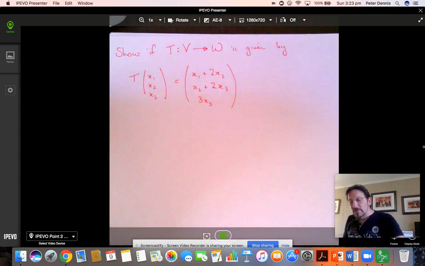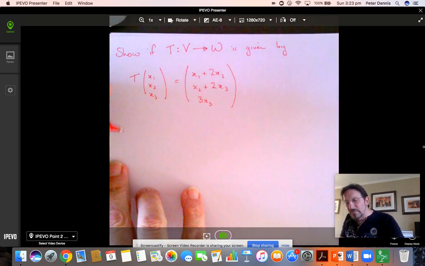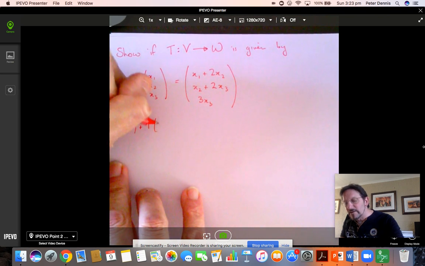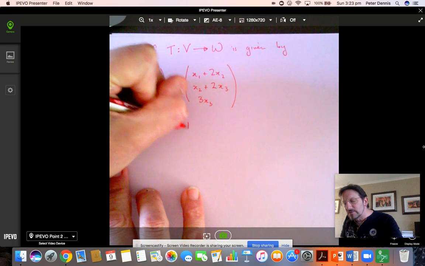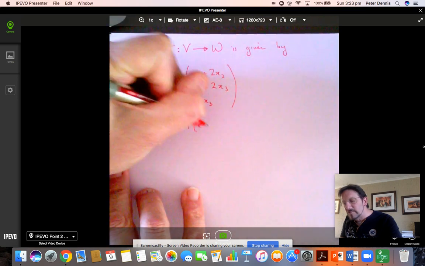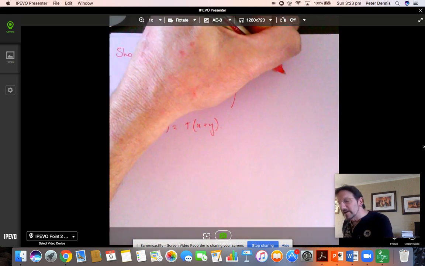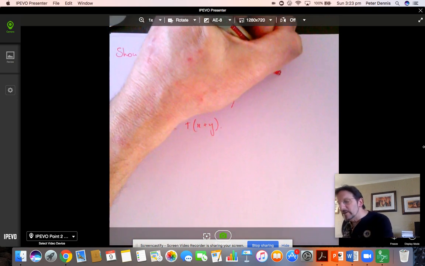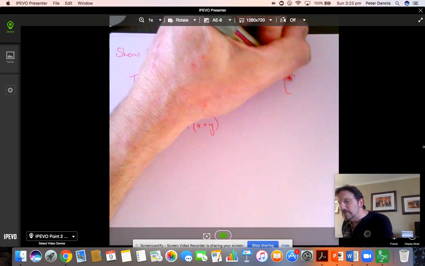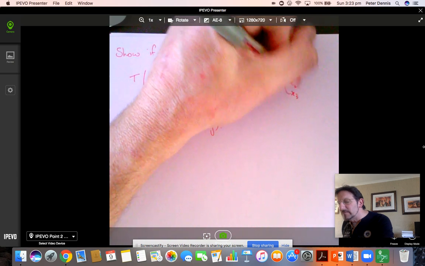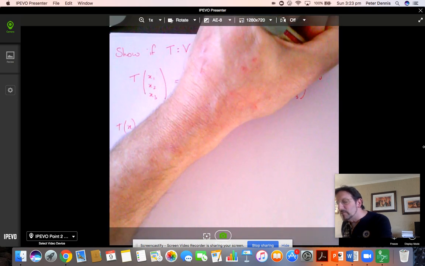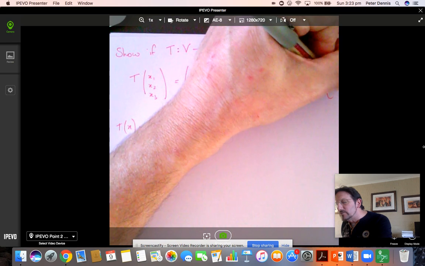Okay, so let's look at the first one. We want to show that T of x plus T of y equals T of x plus y. So we're going to let x equal x1, x2, x3, and we're going to let y equal y1, y2, y3.